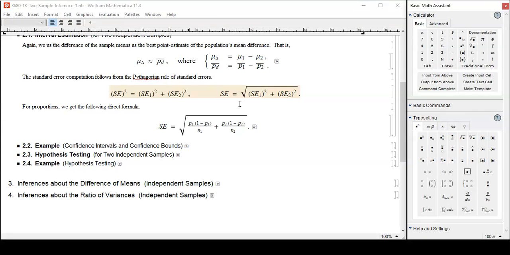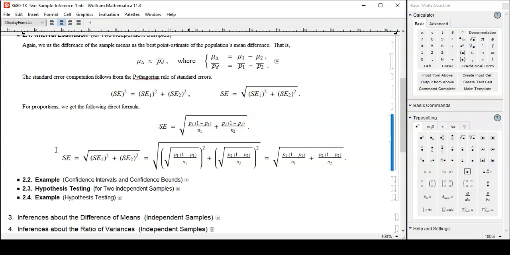So in the end, we have Pythagorean, and after everything is said and done, we end up with this SE formula. As a matter of fact, we can deduce it from the Pythagorean rule like this. Standard error for two sample inference for two independent samples can be written as, by the Pythagorean rule, square root of SE1 squared plus SE2 squared.